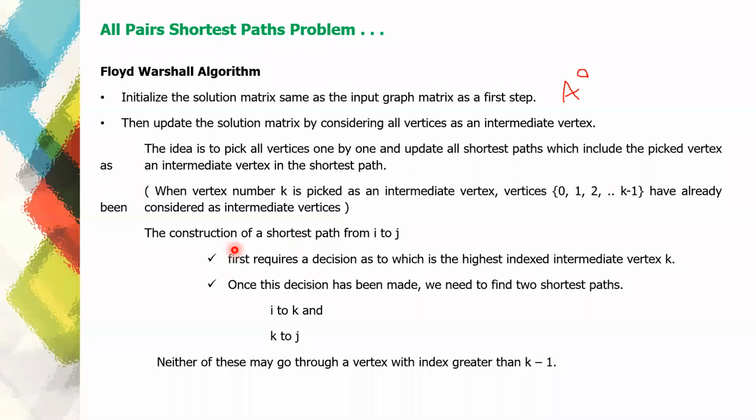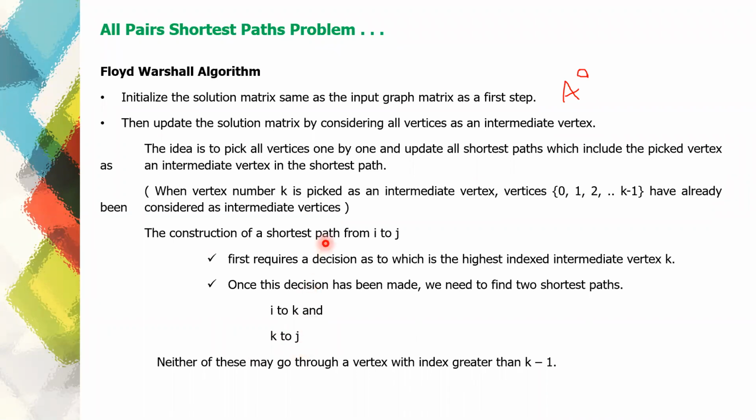But whenever you want to construct a shortest path from i to j, you are going to select an intermediate vertex k, and then try to find 2 shortest paths, i to k and k to j. If you are able to find those 2 paths and find that it is a shortest path, then we are going to update the matrix.